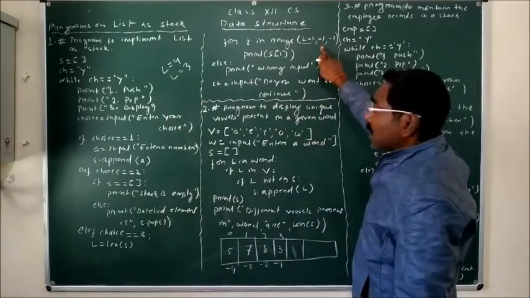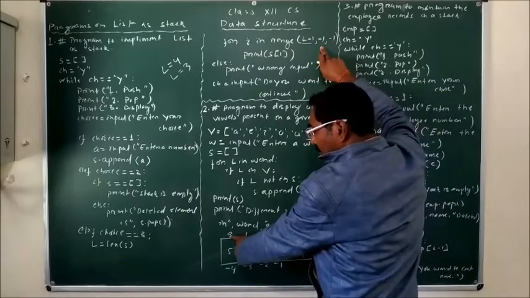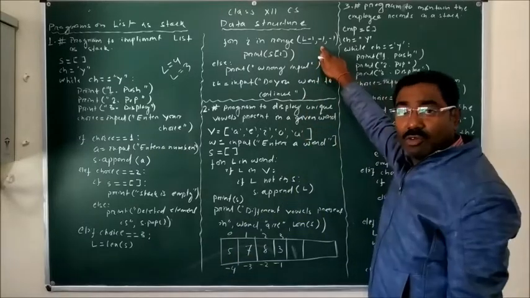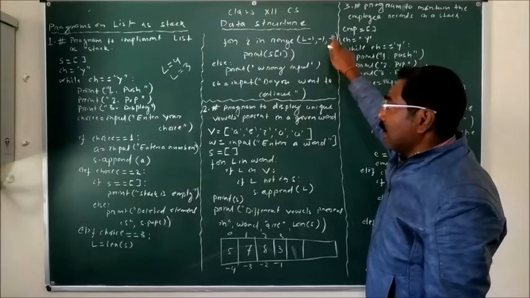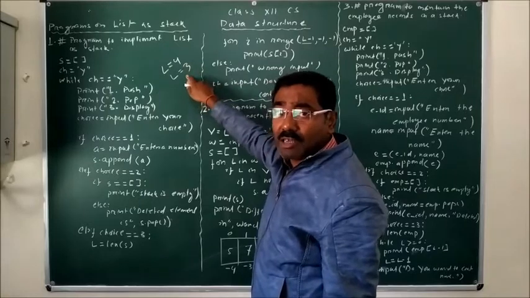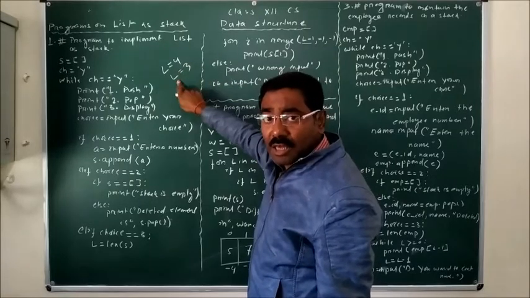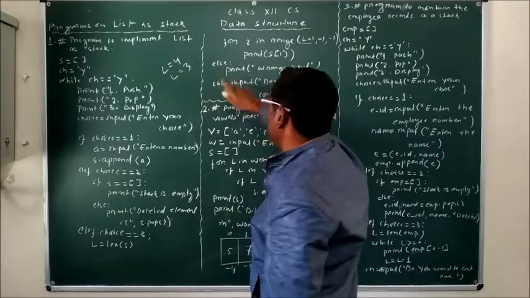It will travel up to minus 1, which stops at 0, the 0th element. The step value is minus 1. That means it will go 3, then minus 1 gives 2, then 1, then 0. Up to 0 it will execute.